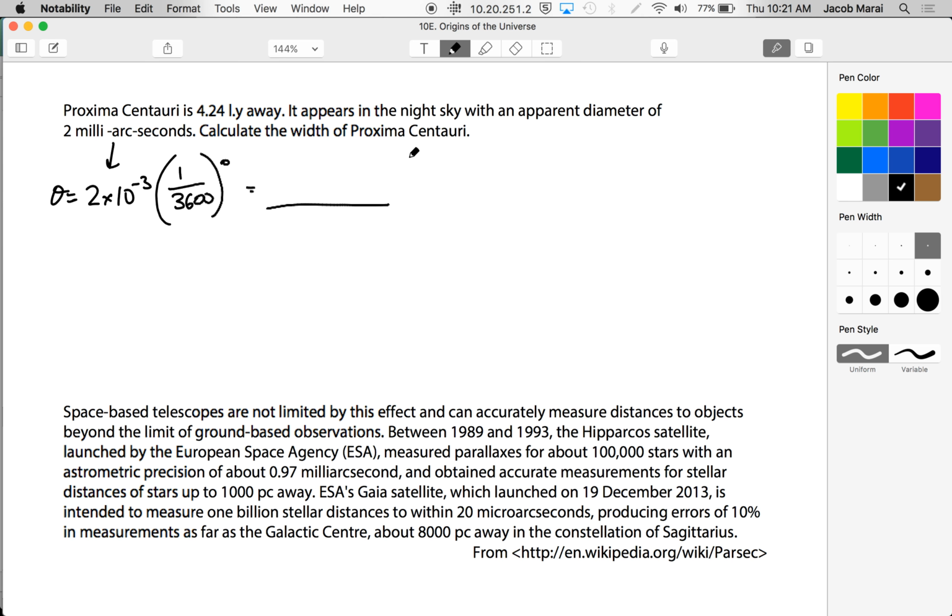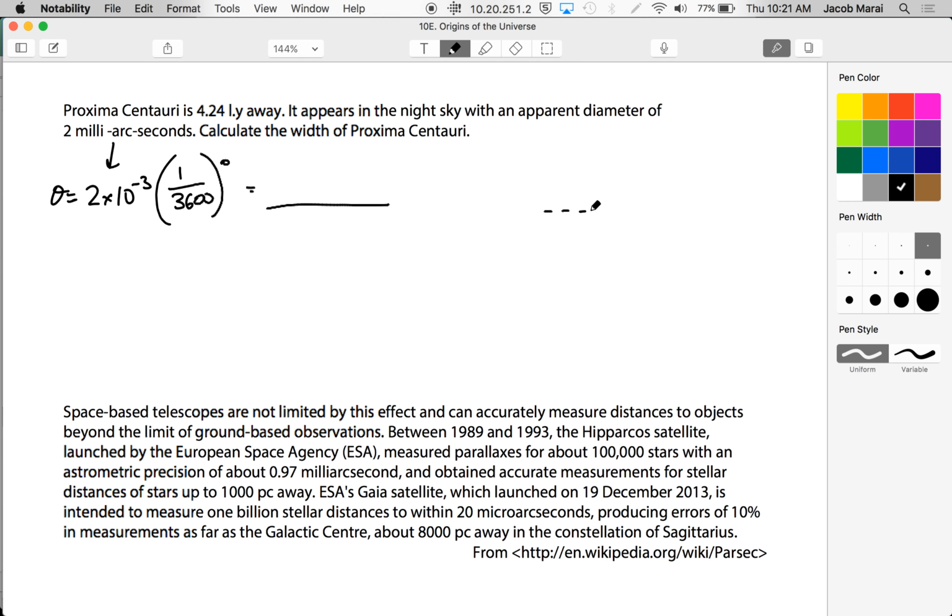Okay? So that's how, even though we see the starlight is bent and refracted and distorted as it passes through our atmosphere, if we went above our atmosphere and looked through, we would see it as a pinpoint, and it would be really, really small in the sky. We could still see it, but it would have a very, very small apparent diameter.